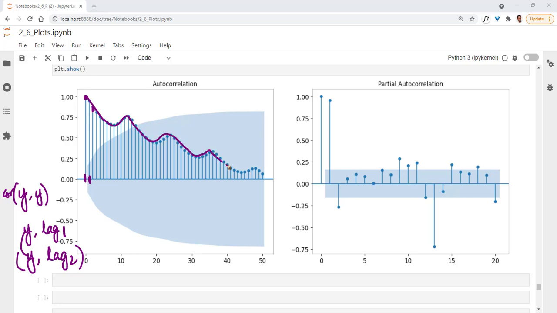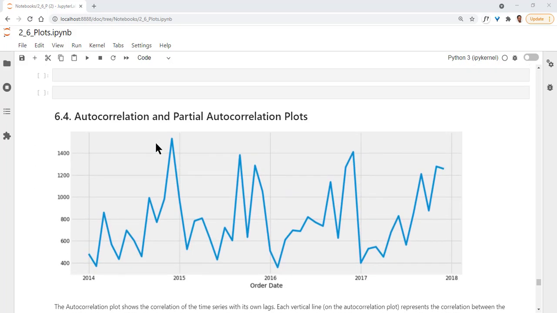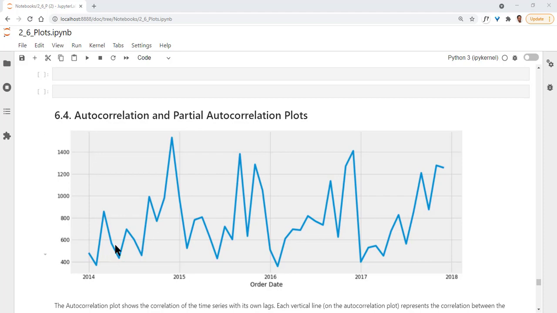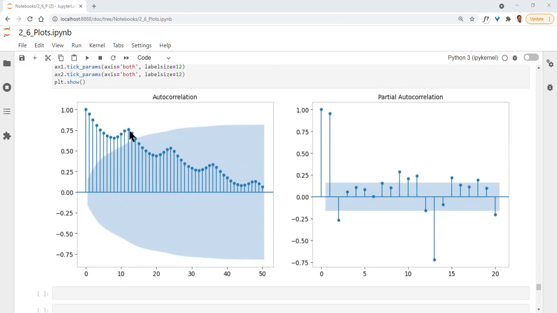This sort of repeating pattern in the lags usually occurs if some sort of repeating pattern exists in the original time series itself. That is why I would expect to see an inflection point every 12 months in this series. So that represents the seasonality existing in the series.